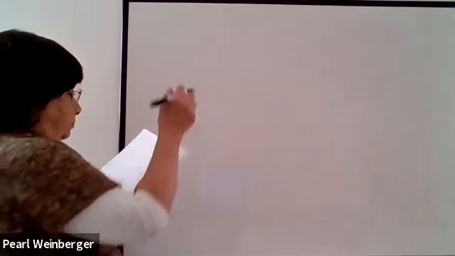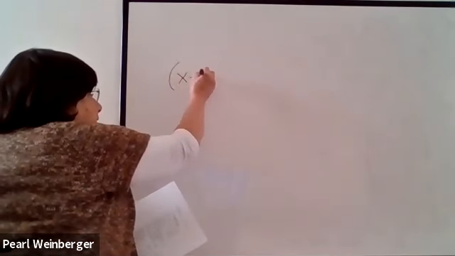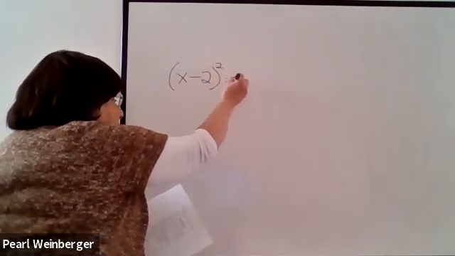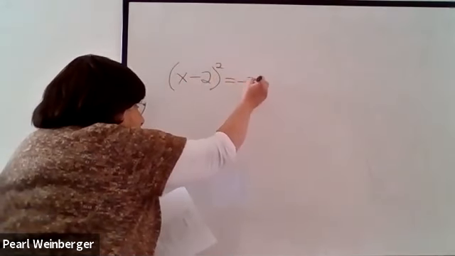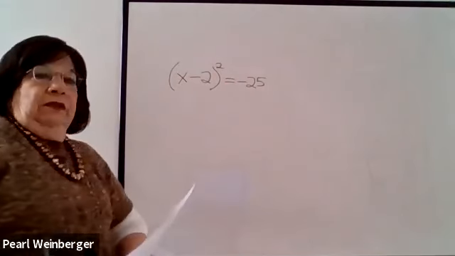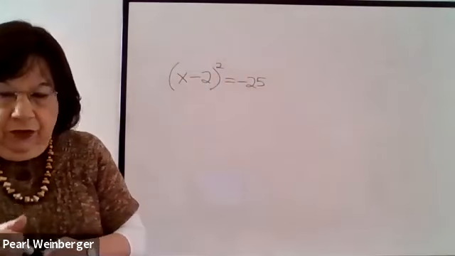Suppose I gave you this example: (x - 2) squared equals negative 25. See if you can solve that. And I'm going to give you a couple minutes to try that.